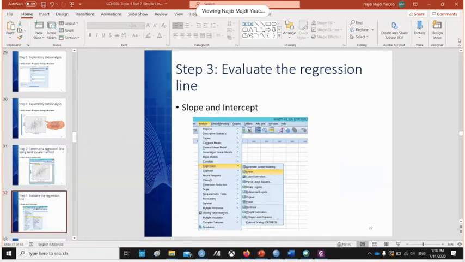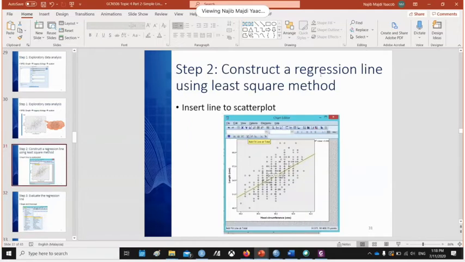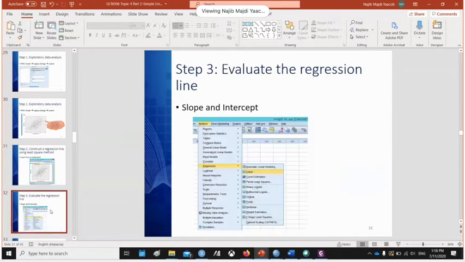So the next step is to evaluate the regression line. The second step is to construct a regression line using the least square method, and we have performed this step. We have inserted the regression line and obtained the regression equation.